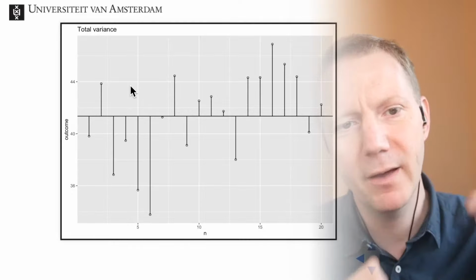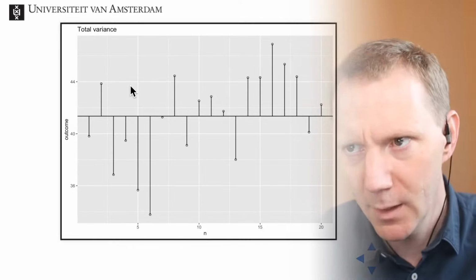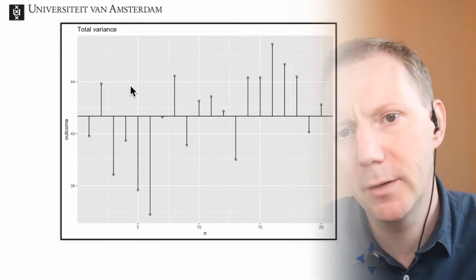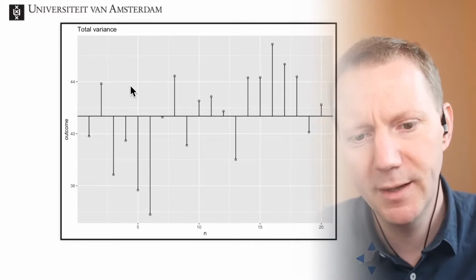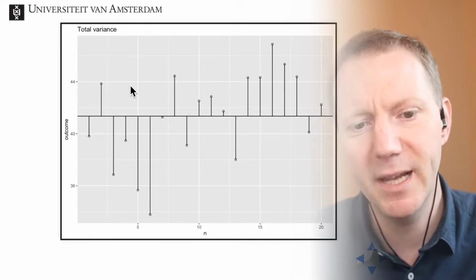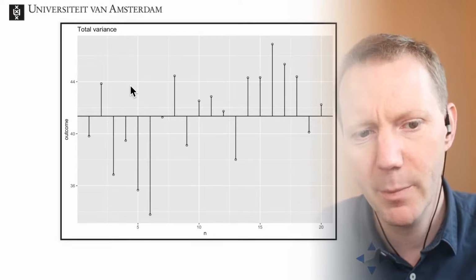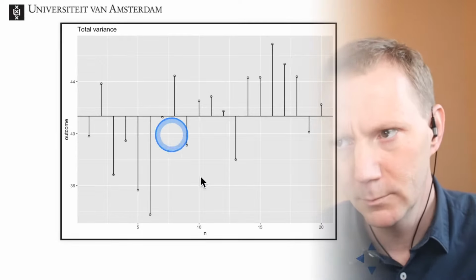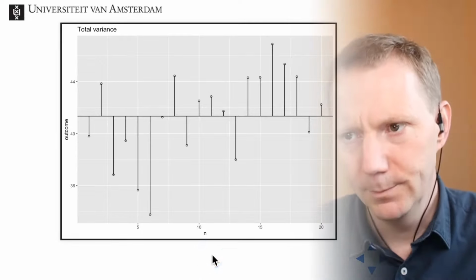We're back at our F value again. So this is the total amount of variance that there is to be explained. Does that make sense? Yes. Cool. Okay.